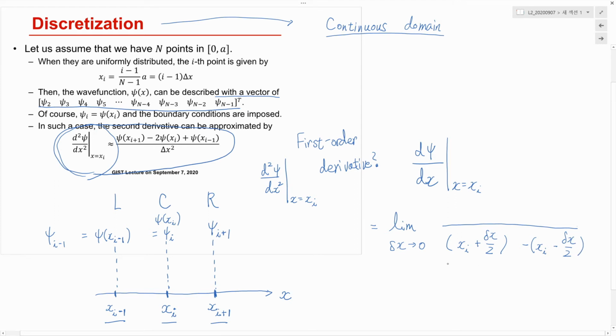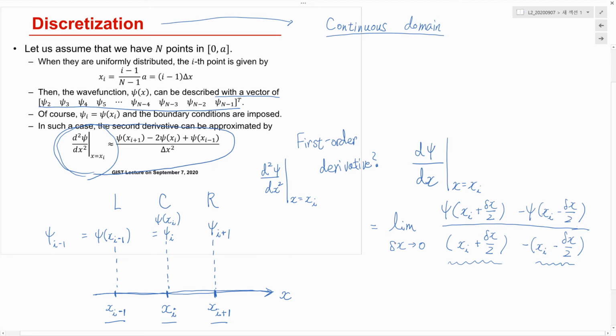You understand this corresponds to slightly the right side, and this is slightly the left side on our axis. And of course, we have to calculate small differences in our function, for example, psi at xi plus half of delta x minus psi at xi minus half of delta x. This is actually the definition of differentiation, which generates the first order derivative.